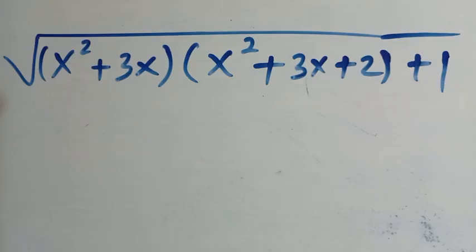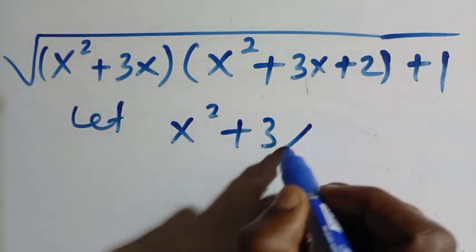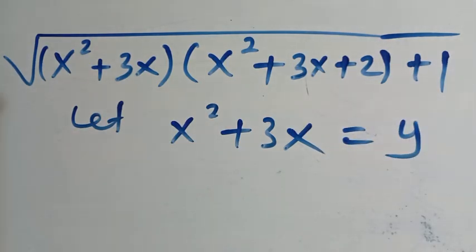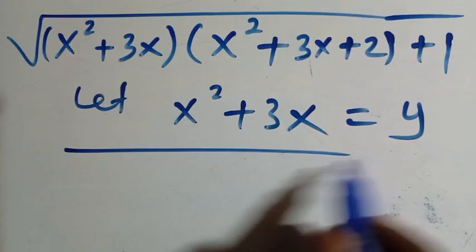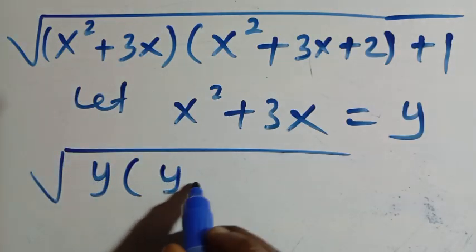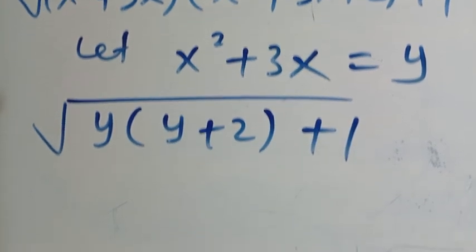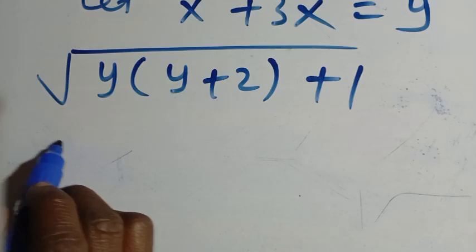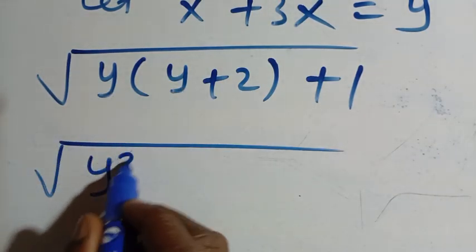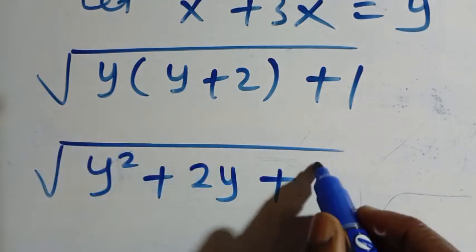So again, let x squared plus 3x equal y. So here we have the square root of y into bracket of y plus 2, plus 1. And here we have the square root of y multiplied by y, which is y squared, plus y multiplied by 2, that is 2y, plus 1.